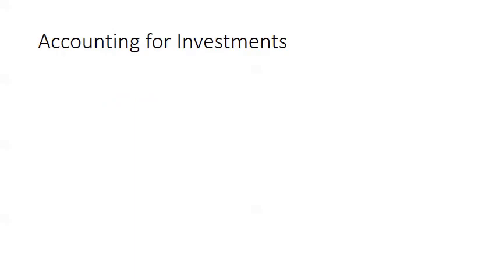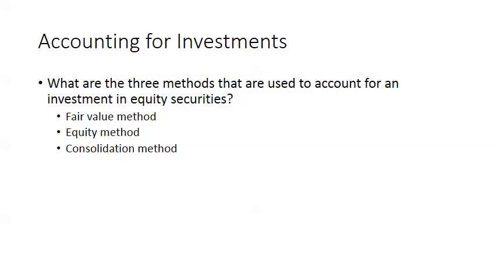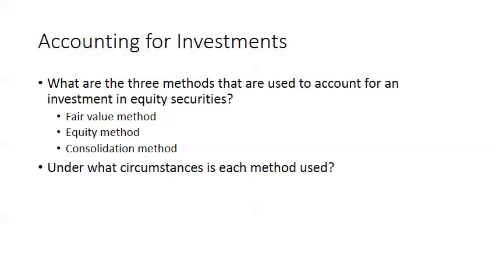The first question, accounting for investments, is just a review of the chapter from Intermediate Accounting 2 on investments. We talked about three methods used to account for an investment in equity securities. Those methods are the fair value method, the equity method, and the consolidation method. When do we use each of those? For the fair value method, we use that method when we own less than 20% of a company.